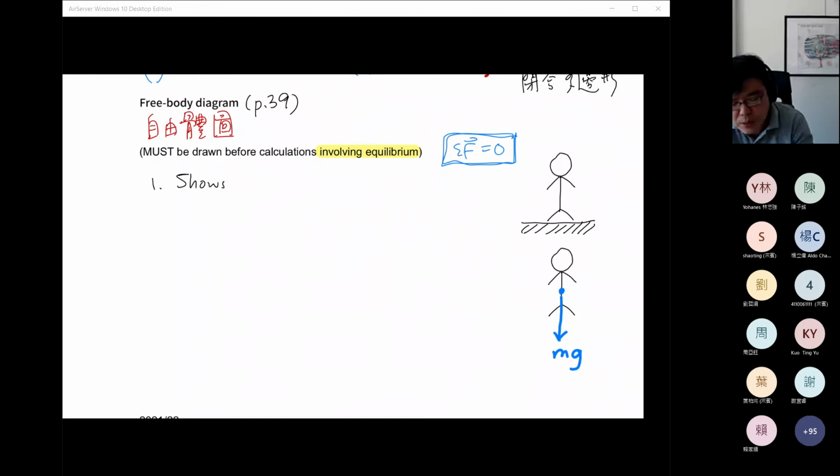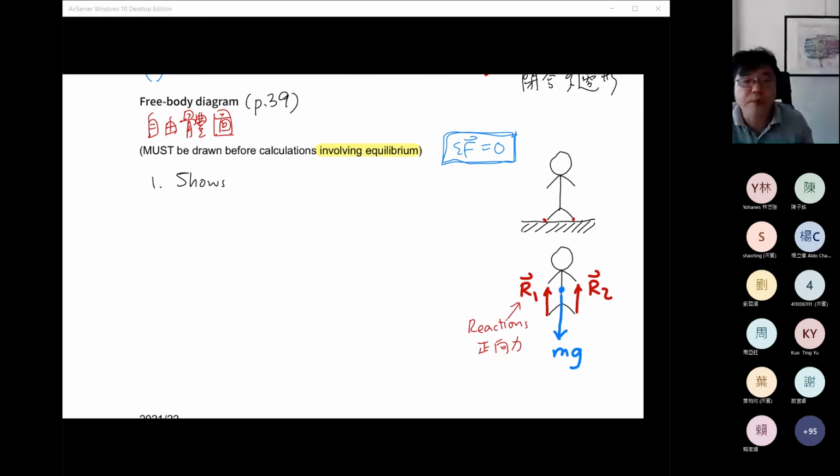Because your feet are touching the ground, the ground would give you reactions R1 and R2, and good, this one's reaction. Okay, very good.